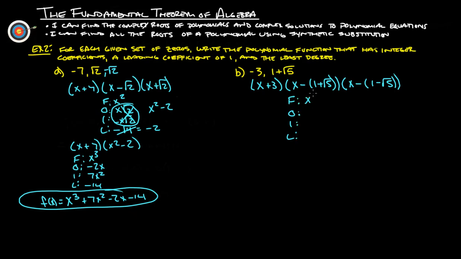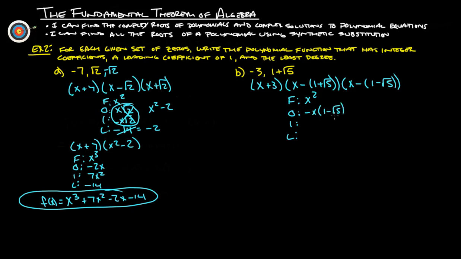X times x is x squared. Outside, that's going to be negative 1 minus root 5 times x. Wait, I messed that up. Hold on a second. Multiply x by a negative, that's negative x, and then we've got 1 minus root 5.